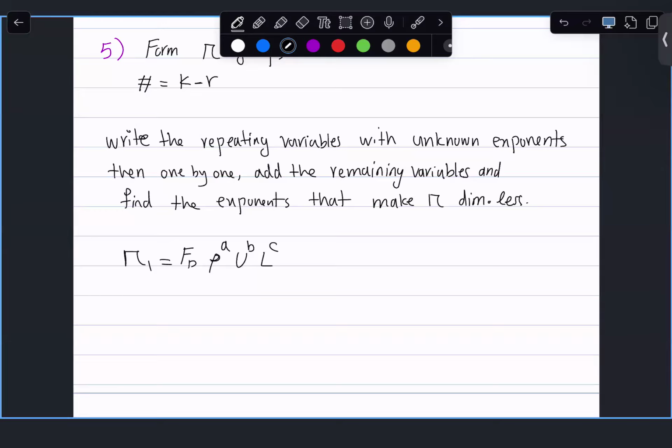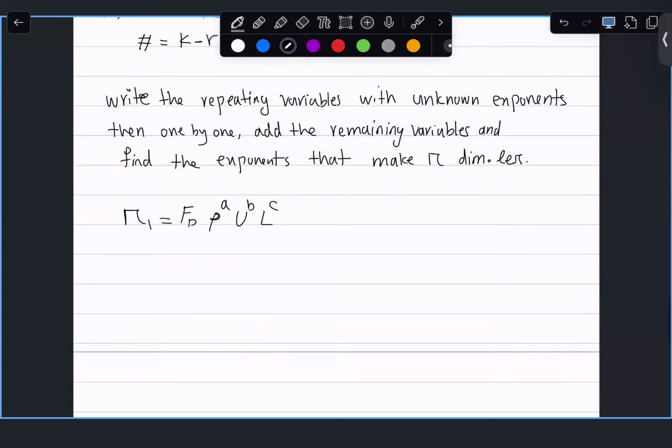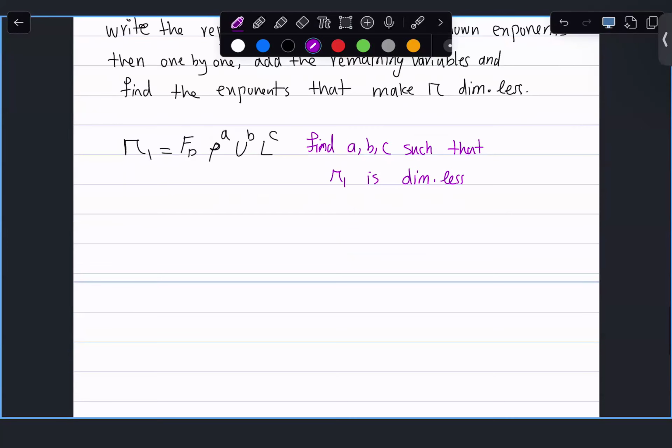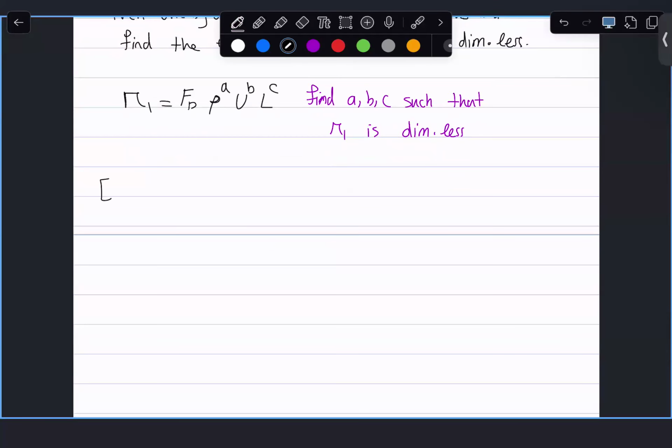Now we're going to solve this. We basically have a system of equations. We're going to find A, B, C such that pi1 becomes dimensionless. So what we do is we write down the dimensions of pi1, which is the dimensions of FD. What are the dimensions of FD?